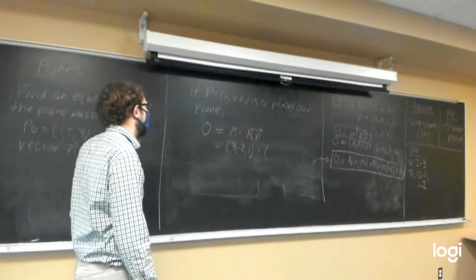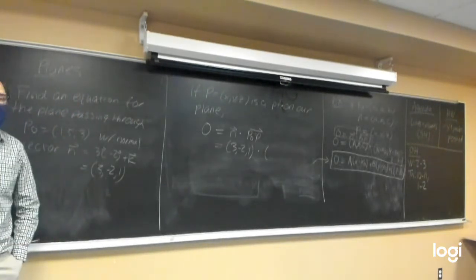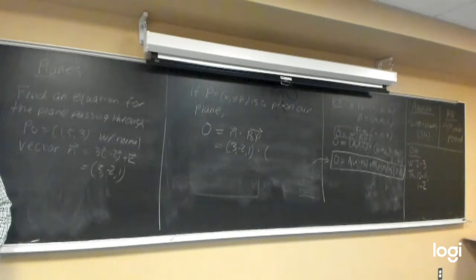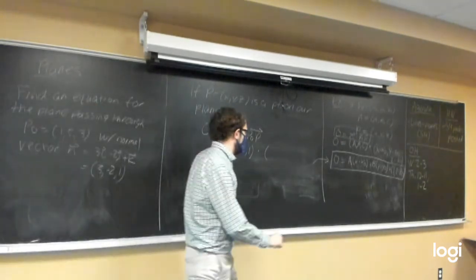If our point P is x, y, z and our point P naught is 1, 5, 3, what's the displacement vector from P naught to P going to be?